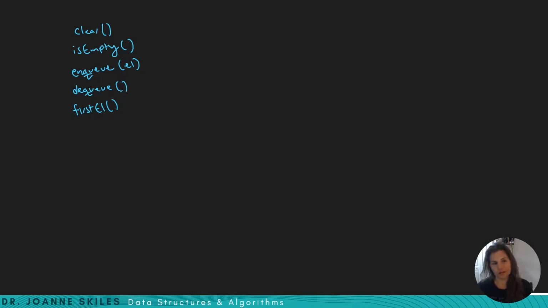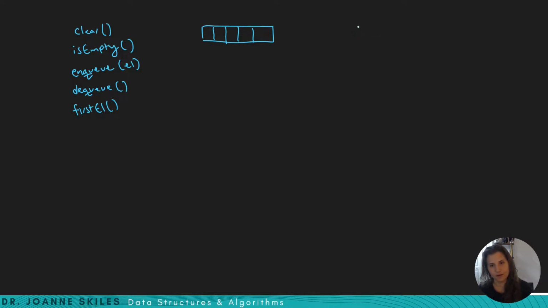So let's draw this out. Let's say that we have a queue that has 5 elements in it. So that means that we would make an array that has 5 elements. When using a queue, we have to keep track of the first element in our queue and the last element of the queue.